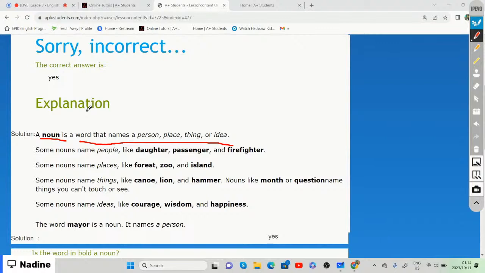And then some nouns name things, like a canoe, a little boat, a lion, a hammer.